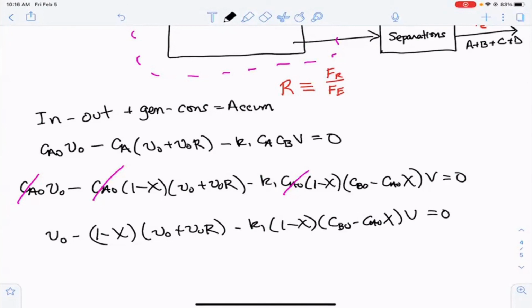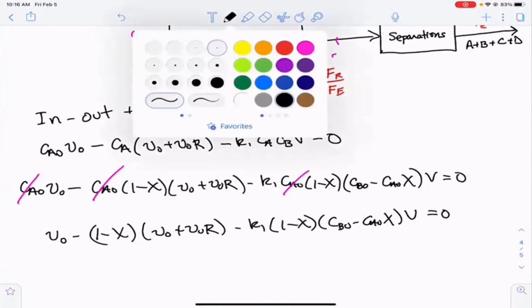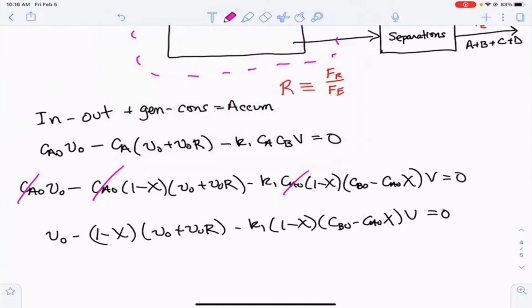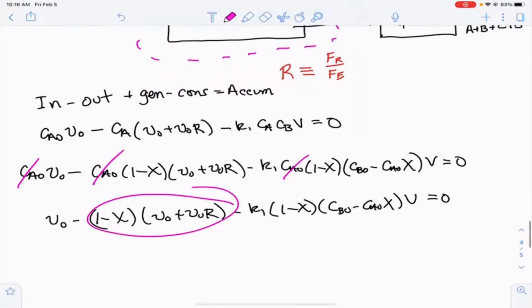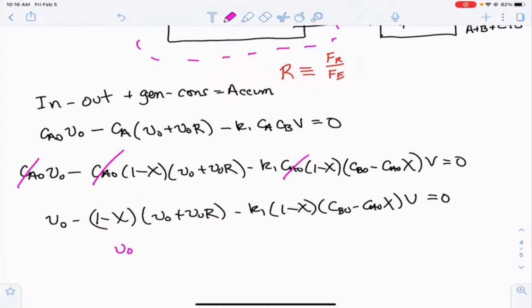And we really only have a couple of other things to do here. One is that when we FOIL this out, this is just V0 minus V0x plus V0r plus V0r times x.